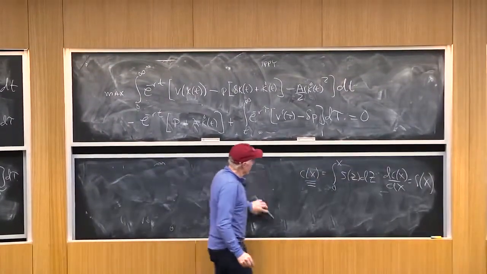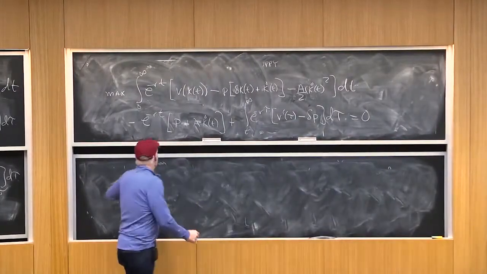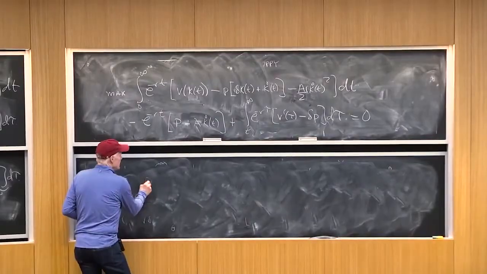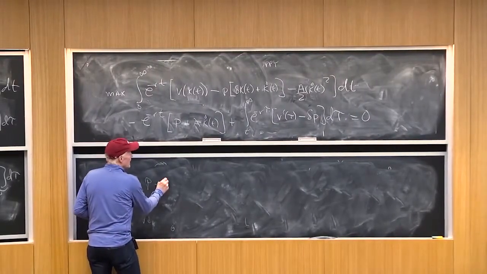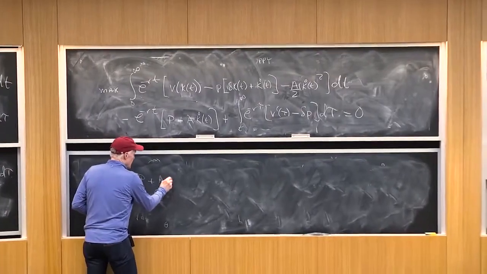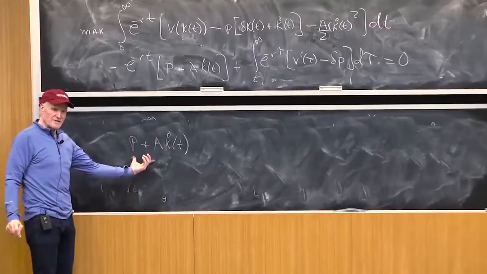So what do I get? I get P plus A k dot of t, which is really my marginal cost of investment, right?